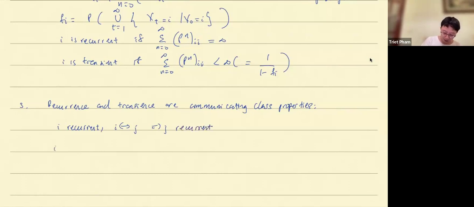On the other hand, if I is transient, and again I and J communicate, then J must also be transient. So this is why these are class properties: they get propagated via the communication equivalence relation.